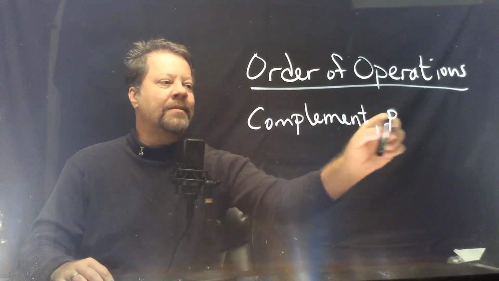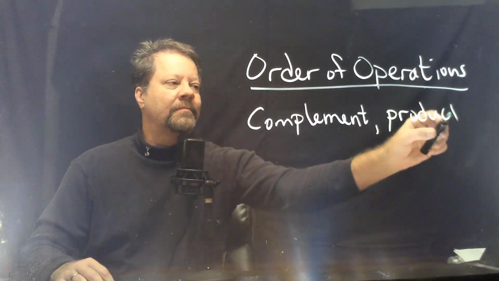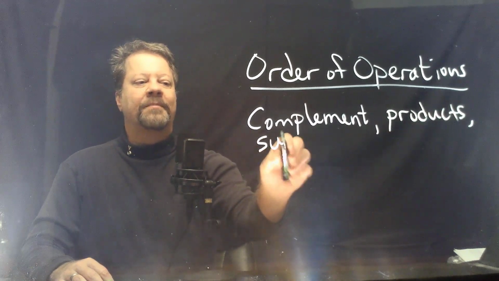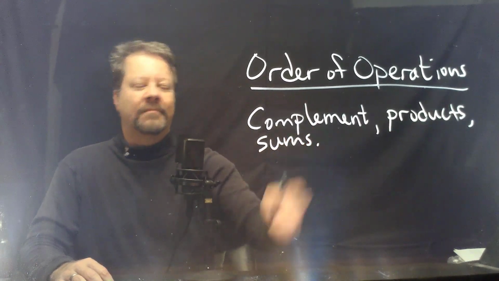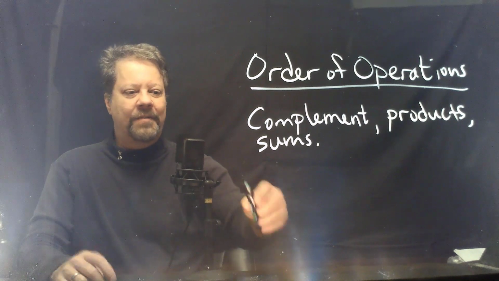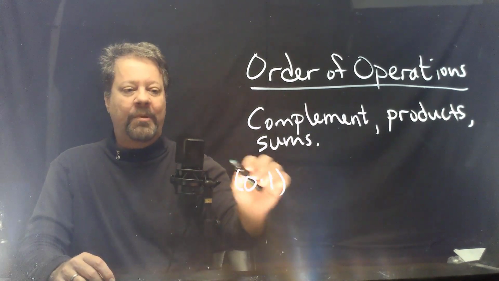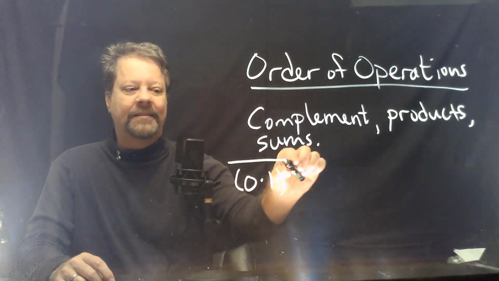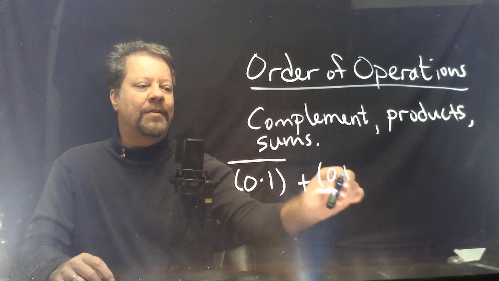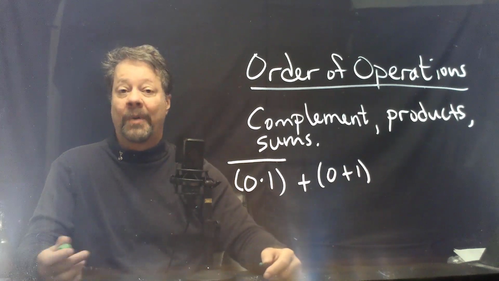Then we have products, and then sums. So for example, suppose we have 0 times 1 in parentheses and the complement of that plus 0 plus 1. What do you get?